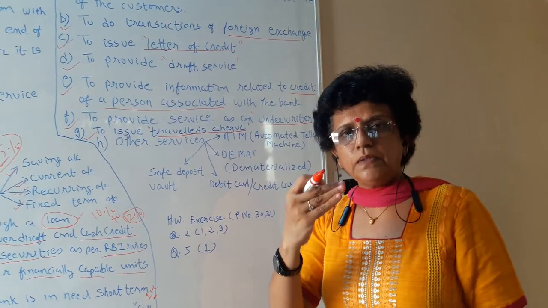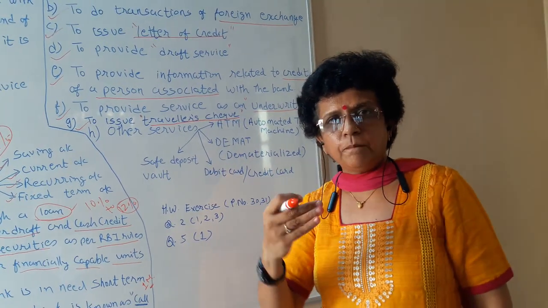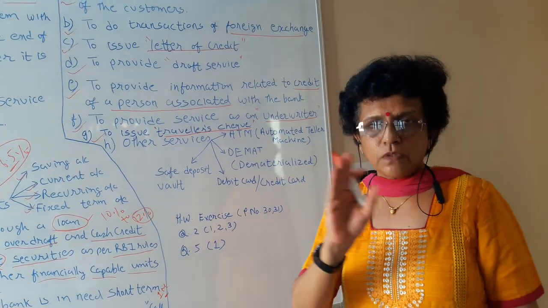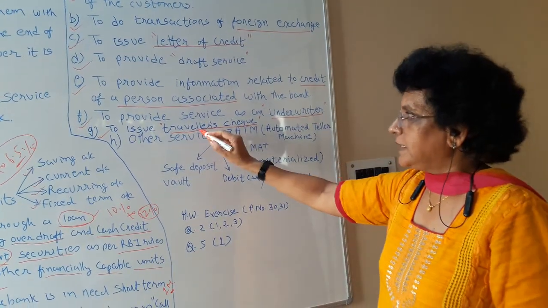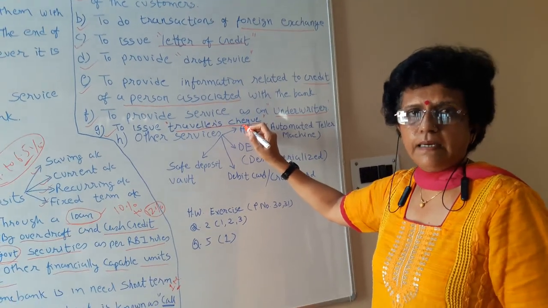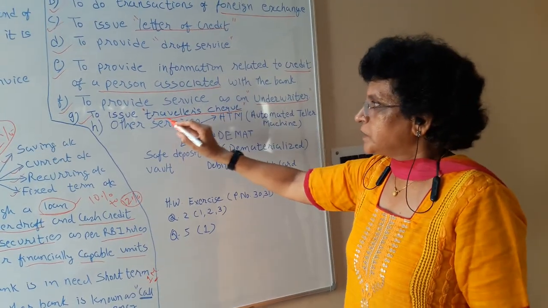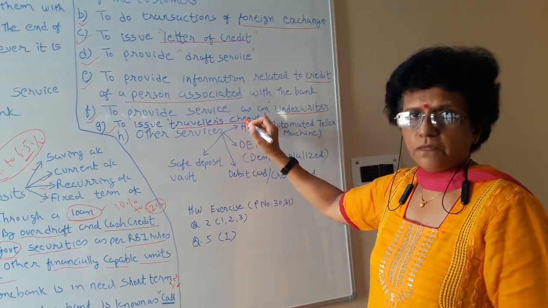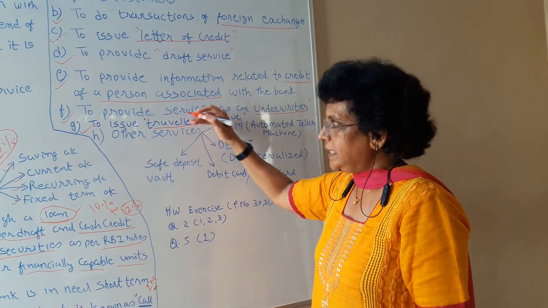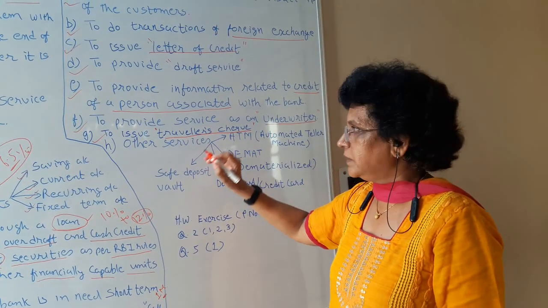Nowadays we have debit cards and credit cards, but earlier there was no such e-money. So in the absence of e-money, the traveler's check was the safest way of carrying hard cash with you. So traveler's check is one of the facilities given by the bank. We will study this in detail later on.